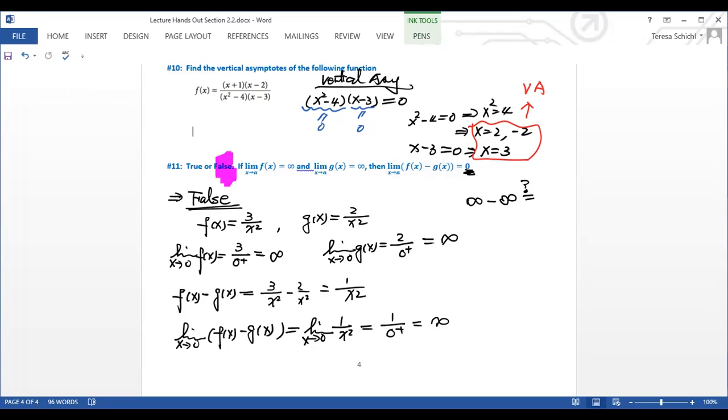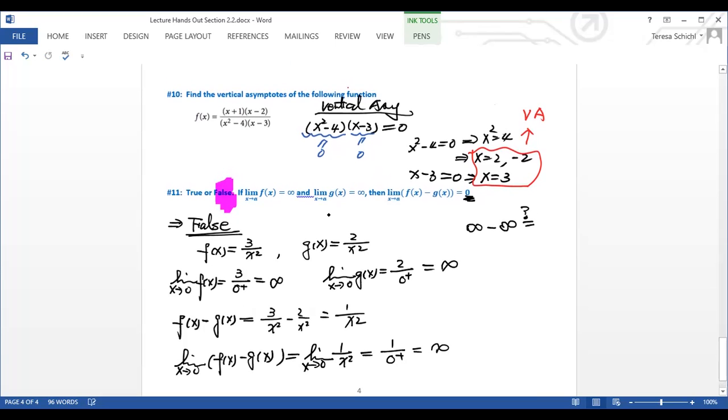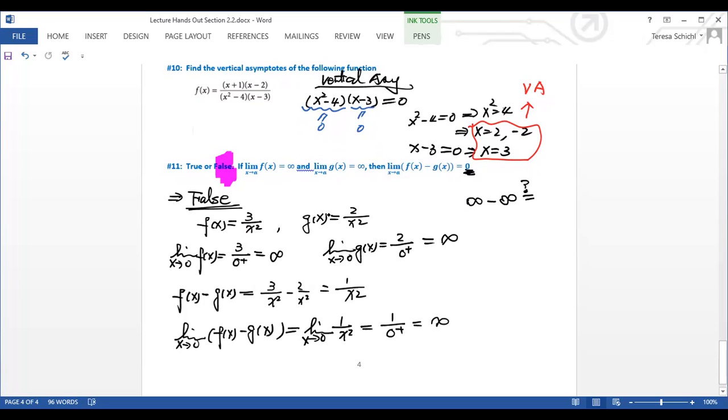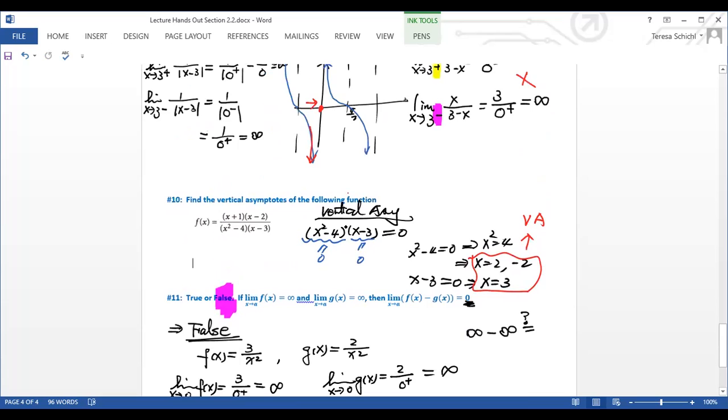Okay, that's it. I think this is our second lecture about limits and limits of functions. So for our part 2 video, what is the key thing to remember? It's the vertical asymptote, right? To find the vertical asymptotes is pretty simple: you just let the denominator equal 0.